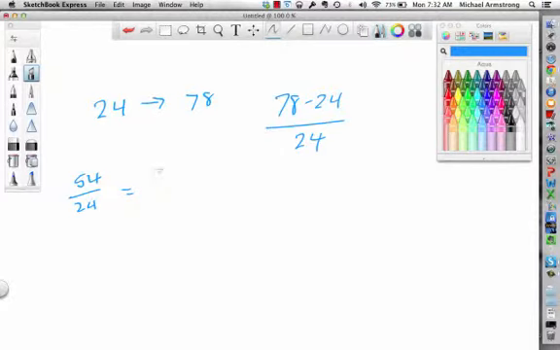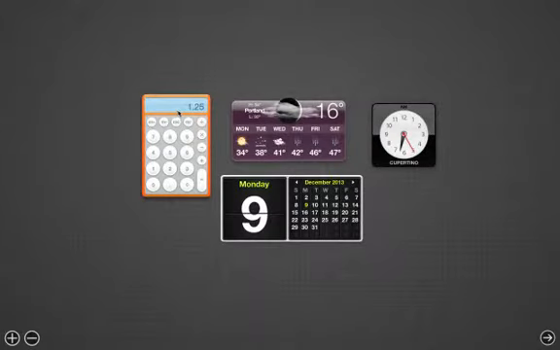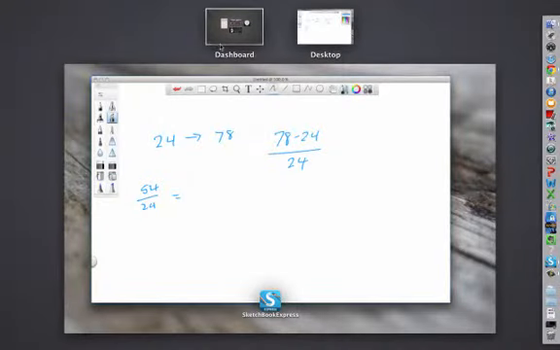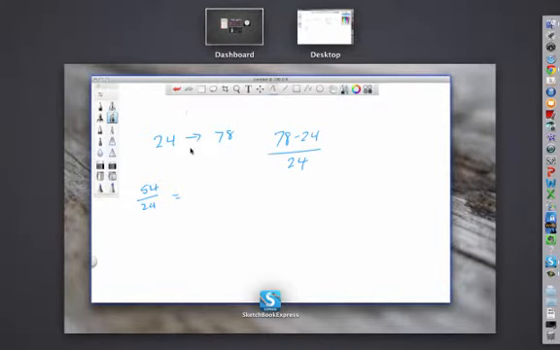And then again, I can use a calculator. Again, it's more than 100%. Keep picking these that are more than 100%. I should try something different. That was 54 divided by 24. So we're going to clear this one. 54 divided by 24 is 2.25.